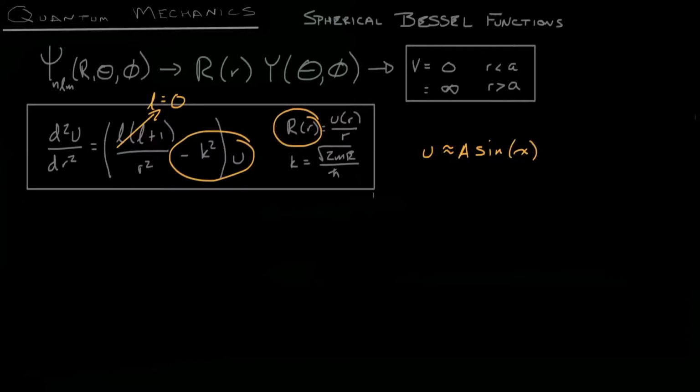However, we need to remember that u was a substitution for the real variable that we're looking for, and that's uppercase R. And in this case, if we say L equals 0, then we know that R as a function of r is, you can go through the math and do this, sine of n pi r over a, all over r.